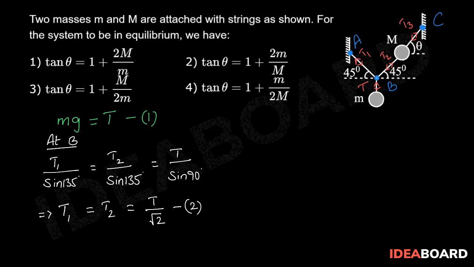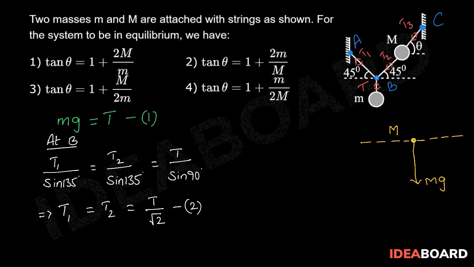Now let us draw free body diagram on capital M. Let us suppose that this is the horizontal line. Now the weight of capital M acts vertically downwards.